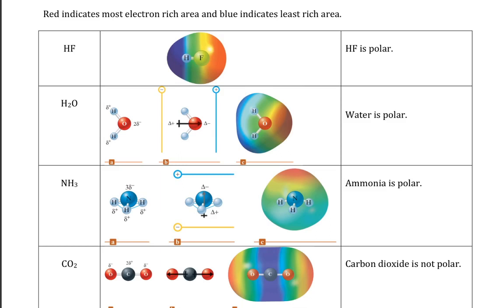Anyway, we have partial plus on the H side, partial minus on the O side. If we were to put that in an electric field, then the H would be attracted to the minus side, the O would be attracted to the positive side. I did that using that burette, which had just water in it, and the charged rod that I brought up to it, and it showed that water was attracted to the charged rod.